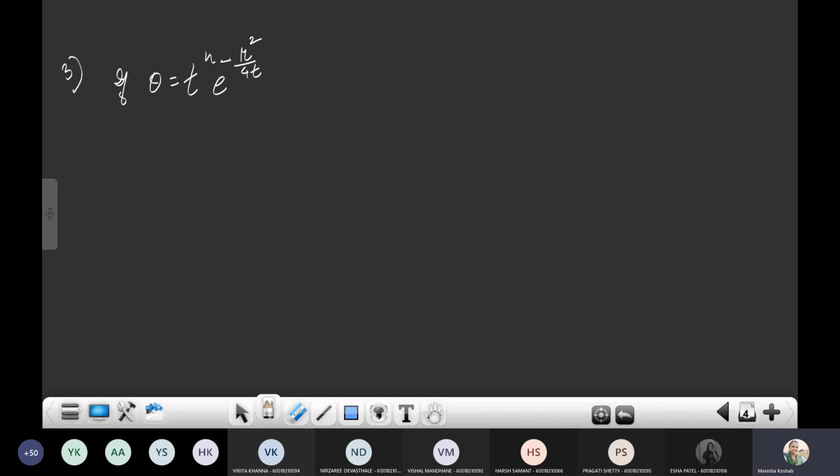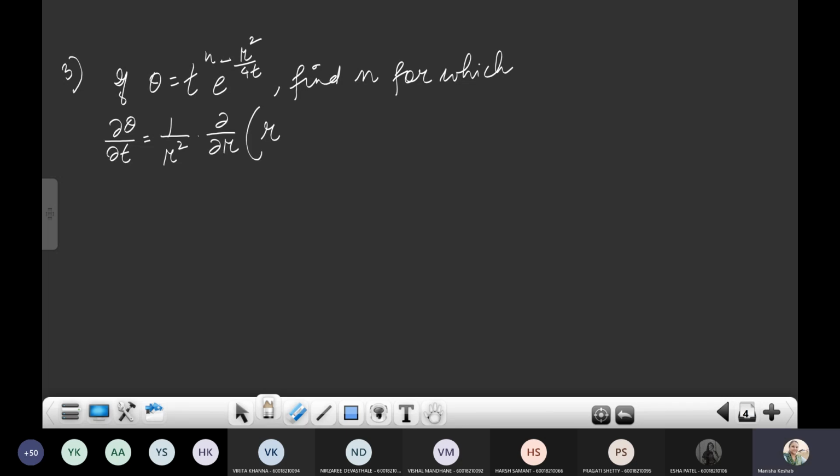If theta is equal to t power n into e raised to minus r square by 4t, then find n for which del theta del t is equal to 1 by r square into del r of r square del theta del r. Okay, so this is what we want to show.